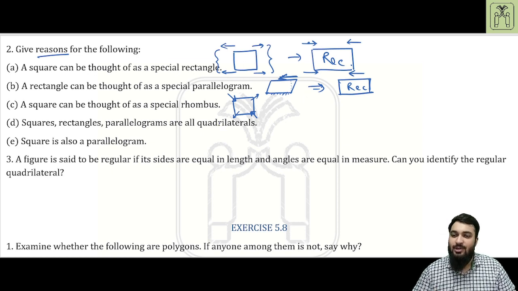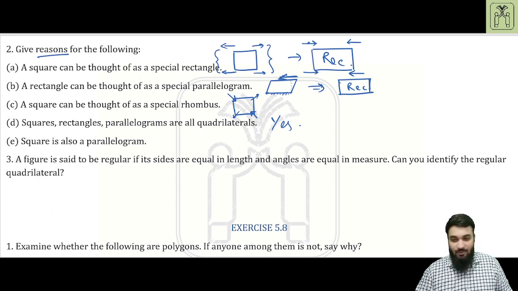Okay. Squares, rectangles, parallelograms are quadrilaterals. Yes, and that is true. You can draw the diagram and you can show that a square is also a parallelogram. Okay. If I take a parallelogram and apply shear force upon it, then you will get a rectangle. Understood?